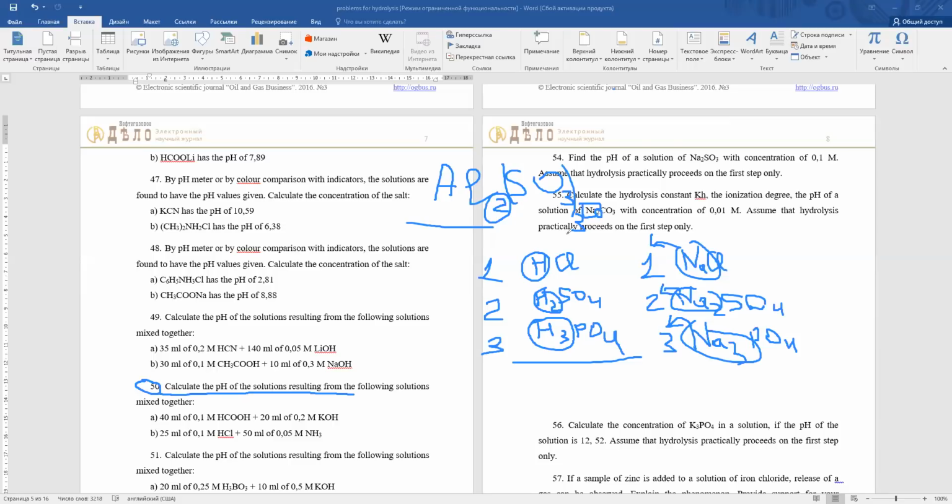Just find the origin of the acids. Does it contain one hydrogen? If it contains two hydrogens, the stepwise reaction can occur in two steps. If it contains three hydrogens, you should tell three steps. Did you get the law?